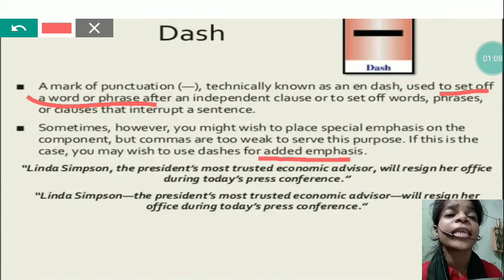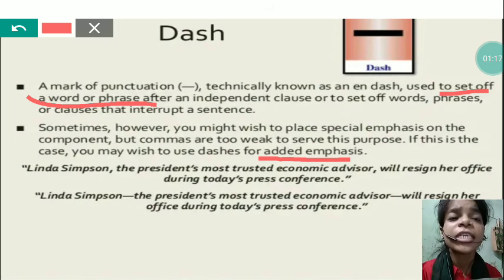Like Linda Simpson, the president's most trusted economic advisor, will resign her office during today's press conference. You can see the difference. When we use a comma, we just take a normal pause, but when we use a dash, we add emphasis to that sentence.